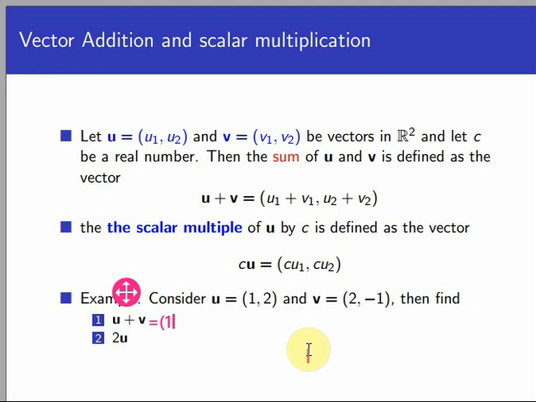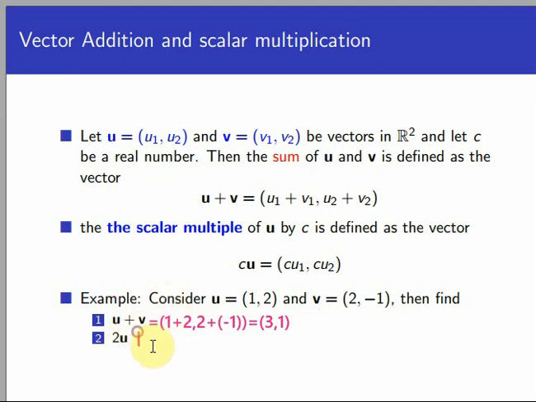The first component of u is 1 plus the first component of v, which is 2, and then 2 plus negative 1. Then 1 plus 2, 2 plus minus 1. 1 plus 2 equals 3, and 2 plus minus 1 equals 2 minus 1, which equals 1. So u plus v equals (3, 1).